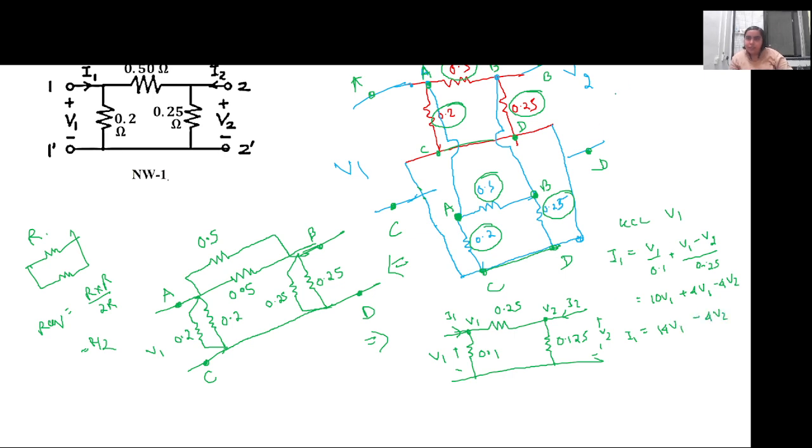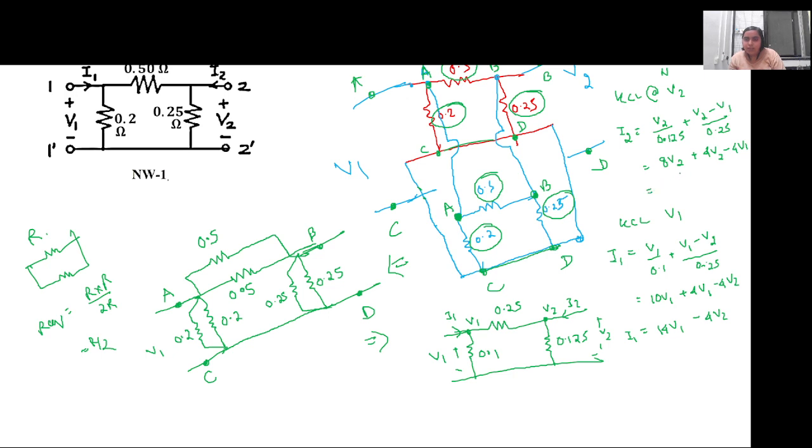Similarly, applying KCL at node V2, we get I2 equal to V2 by 0.125 plus V2 minus V1 by 0.25. If I get rid of this fraction, it will be 8V2 plus 4V2 minus 4V1.